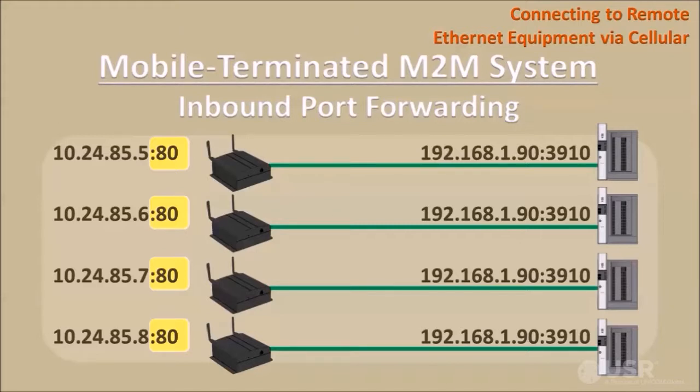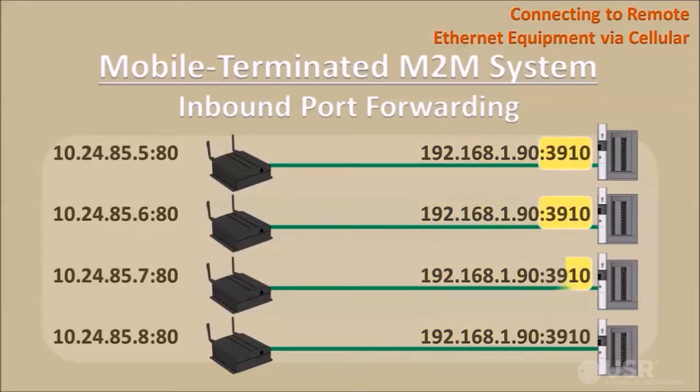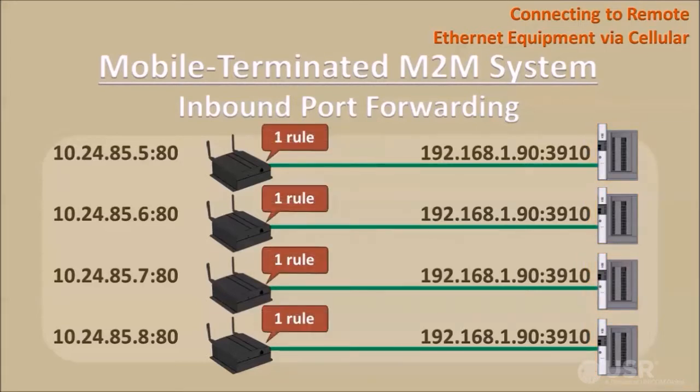If you use port 80, you won't have to type it into the browser because the browser default is port 80. All target units may be assigned one common IP address, and every target unit can use the same port number. Using this approach, all target units have identical configurations, and all cellular gateways also have identical configurations.